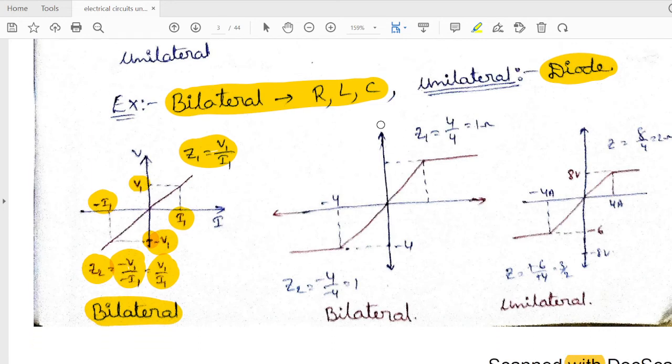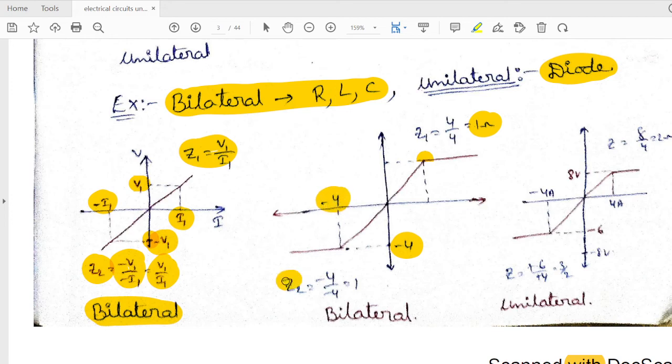See in the second diagram, if you observe, I am calculating Z1 here. I am assuming this voltage as 4 and current as 4 also. So if I divide 4 divided by 4, what I'll get? 1 ohm in one direction. Now what I did, I changed the polarity of the voltage, so that's why I got minus 4 volts here, and I changed the current direction, that's why I'm getting minus 4 here.